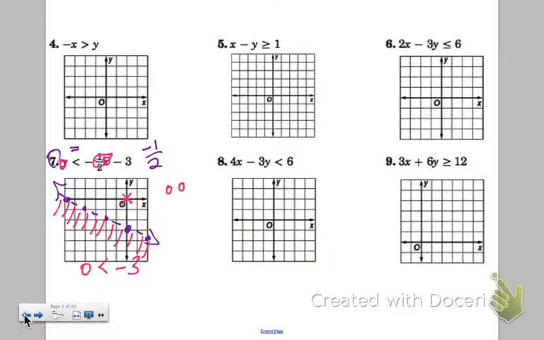And just to give you an example of one that uses standard form, it's easiest just to graph with the intercepts. If x is 0, plug in 0. 0 minus 3y equals 6. Solve that equation. Get y is negative 2.